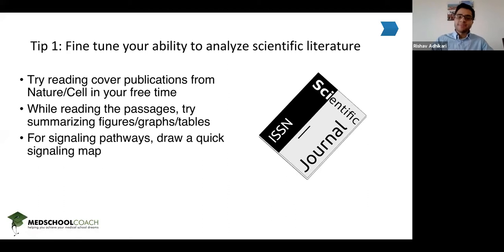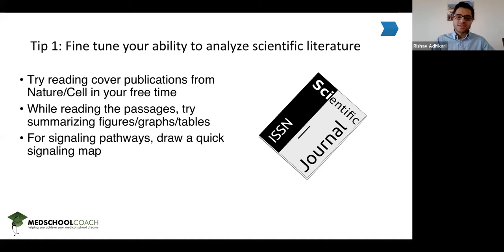And then when you're taking these passages, something that I always tell my students is that in a research paper, some of the most important information is in the figures, the graphs, the tables. Each of these figures or graphs oftentimes corresponds to a specific experiment that the authors have conducted.